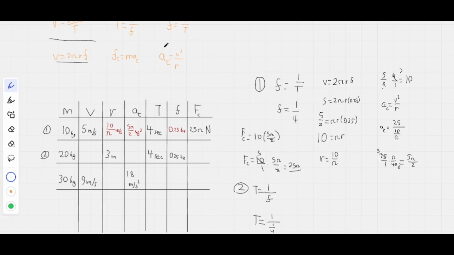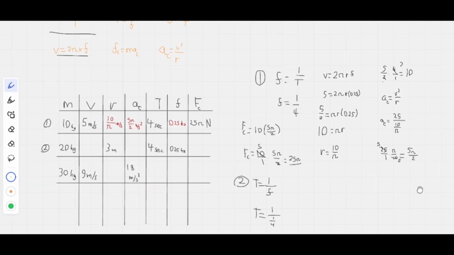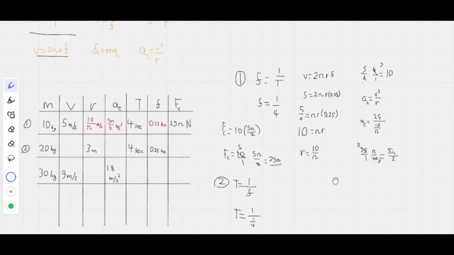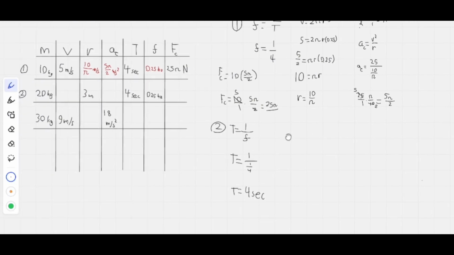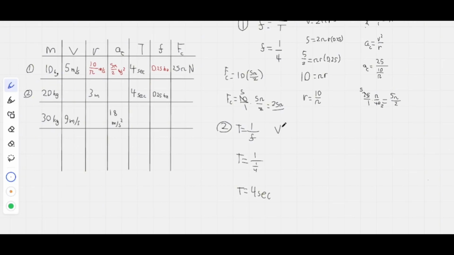But let's do this formula right now. So V equals 2 pi r over t. So we can plug those in. So V equals 2 pi 3 over 4.